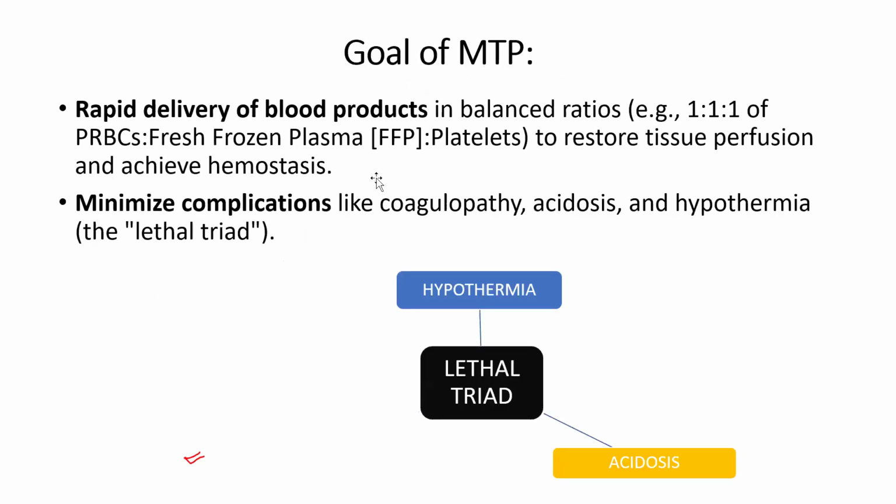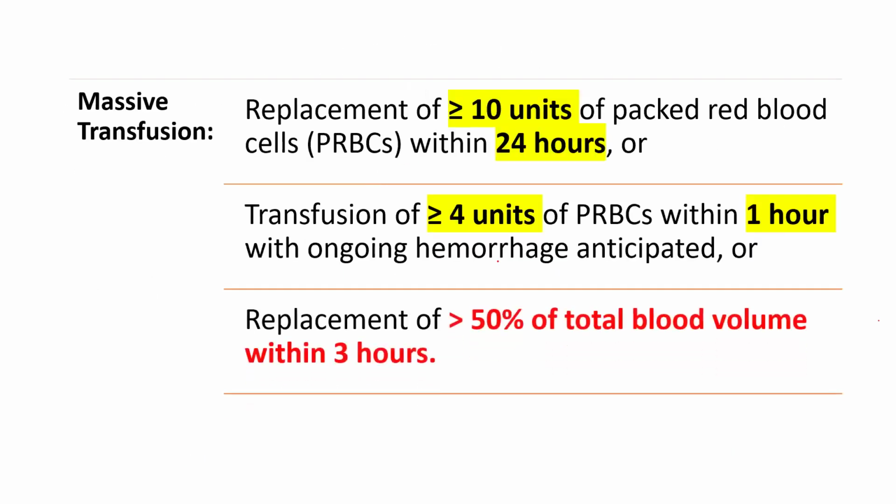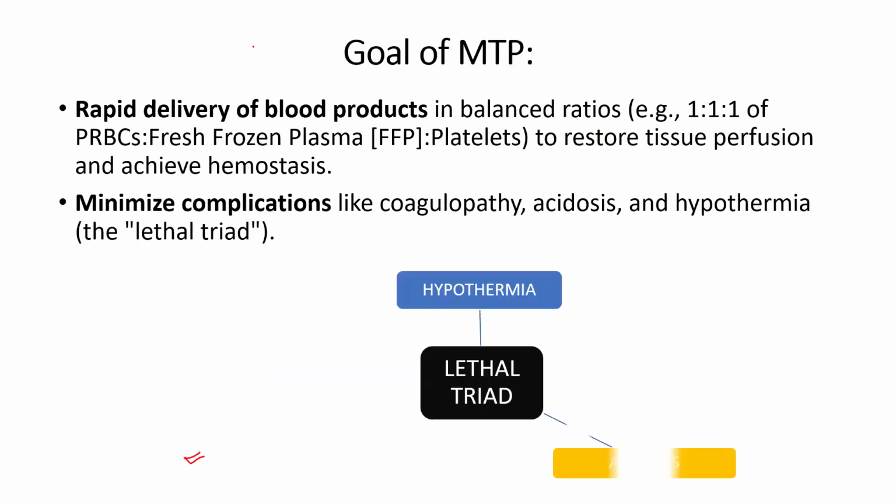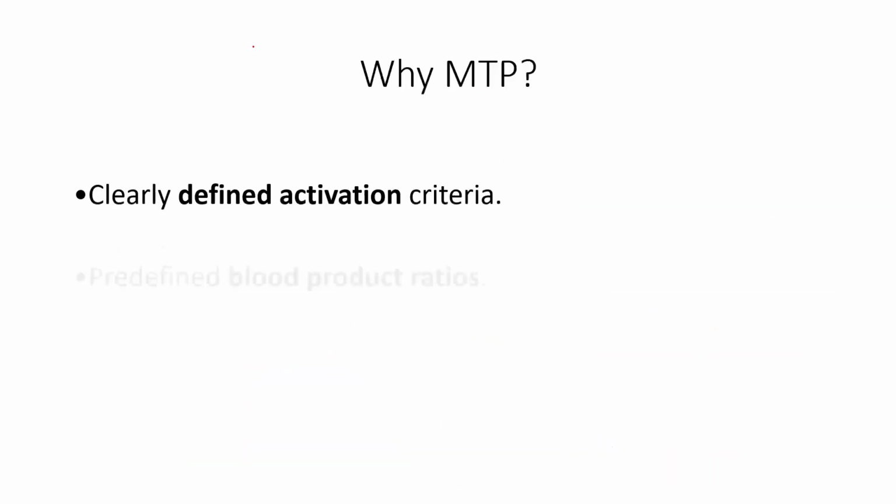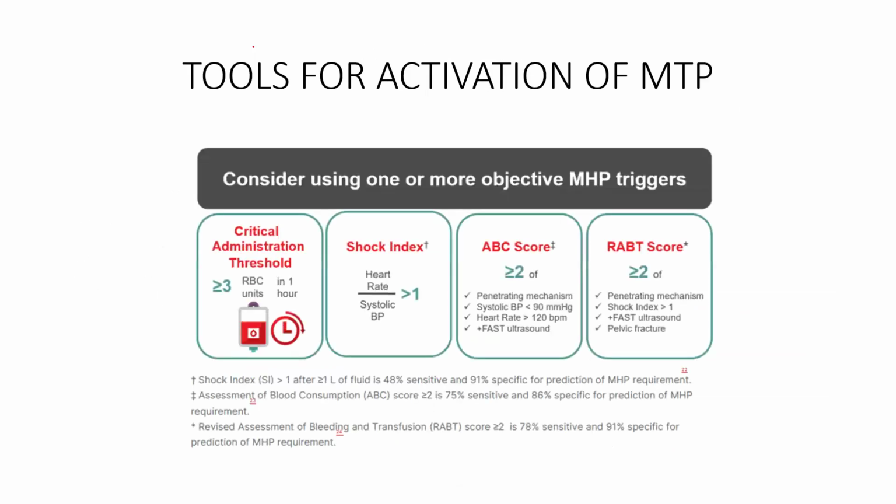Remember, in massive transfusion definitions it's 4 units in 1 hour, but here it is 3. That is the difference. I hope you can remember this. CAT, your critical administration threshold, is more than or equal to 3 units of PRBC in 1 hour.